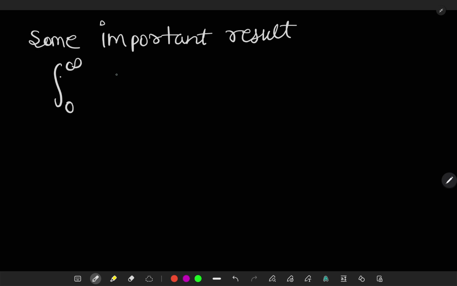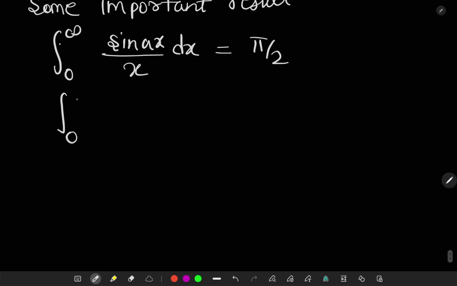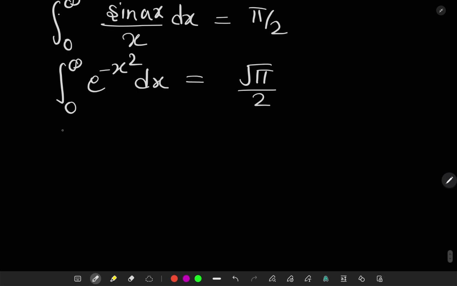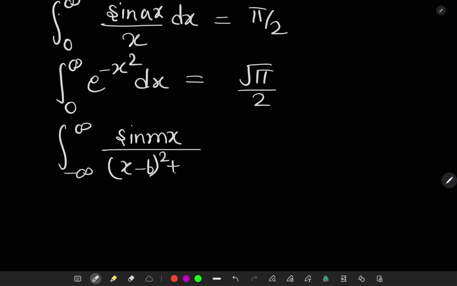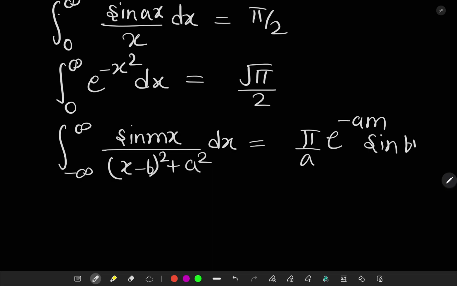Integral from 0 to infinity of sin ax divided by x dx equals π/2, and integral from 0 to infinity of e^(−x²) dx equals √π/2, and integral from minus infinity to plus infinity of sin mx divided by ((x − b)² + a²) dx is equal to π/a e^(−am) sin bm.